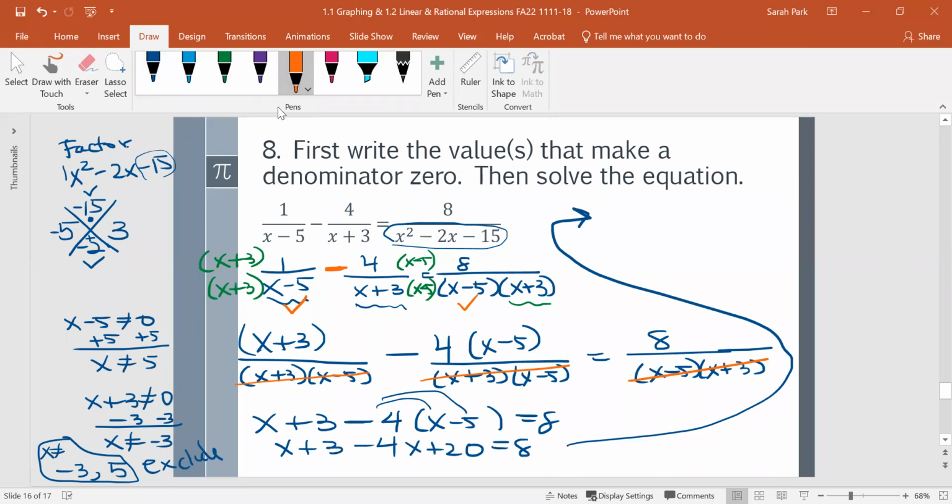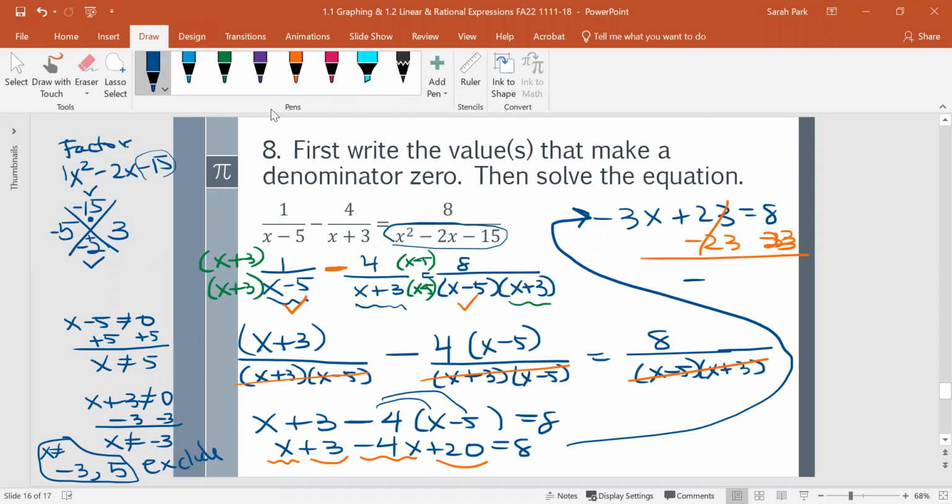So we can combine the x minus 4x and this positive 3 and the plus 20. And so that gives us -3x plus 23 equals 8. Let's subtract the 23 over. And we have -3x equals 31.